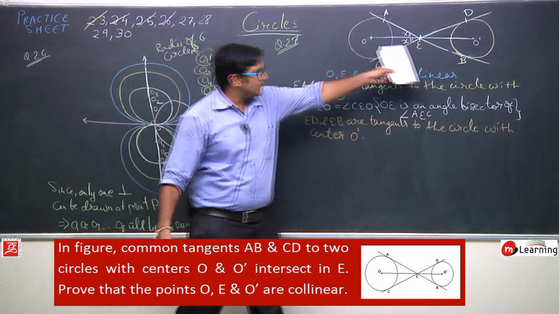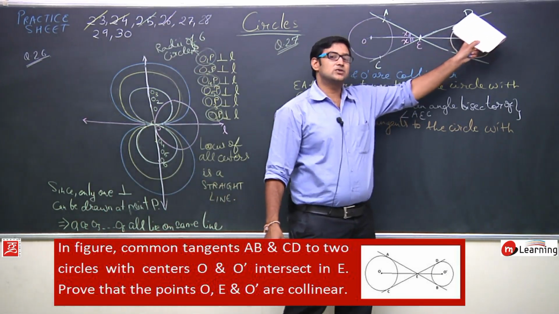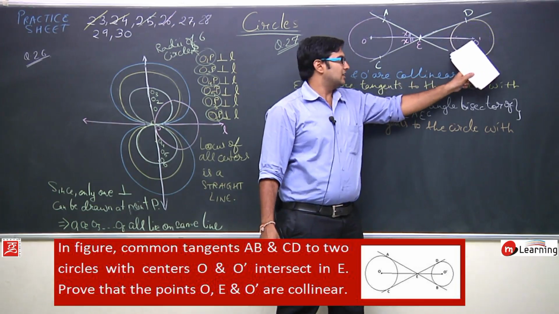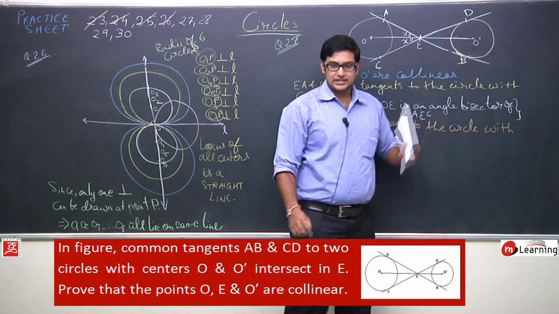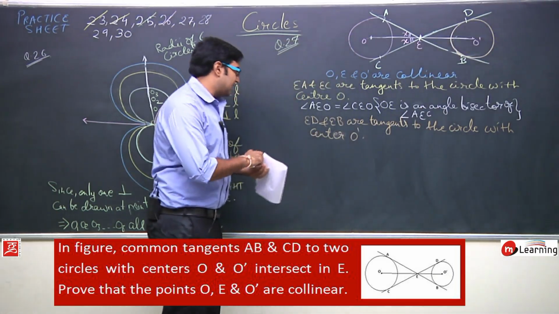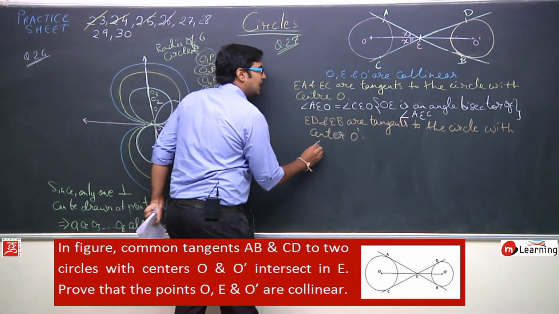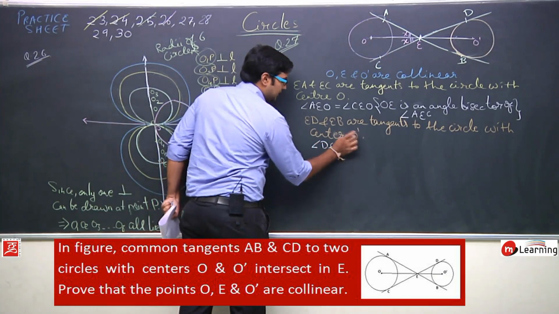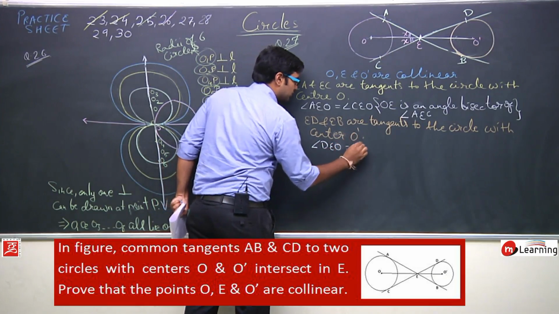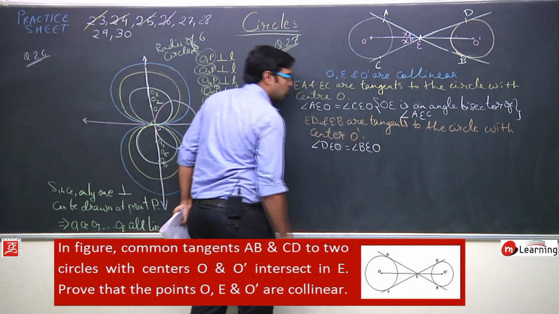Okay, EB and ED are tangents to the circle. This is a circle with center O dash. EB and ED are tangents. So if EB and ED are tangents, again I can write angle DEO is equals to angle BEO.